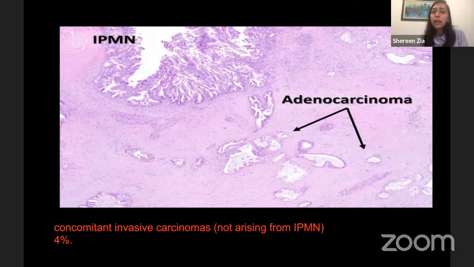By concomitant, I mean that they're not arising from the IPMN, but those happen in about 4% of cases. And to identify them, you have to extensively sample the area between the adenocarcinoma and IPMN to say if it's concomitant or if it's arising from IPMN.